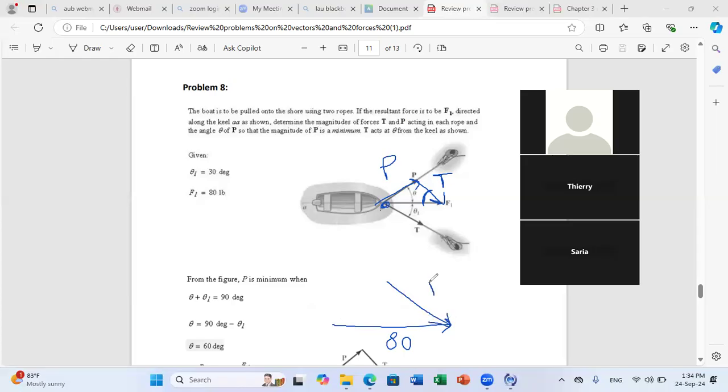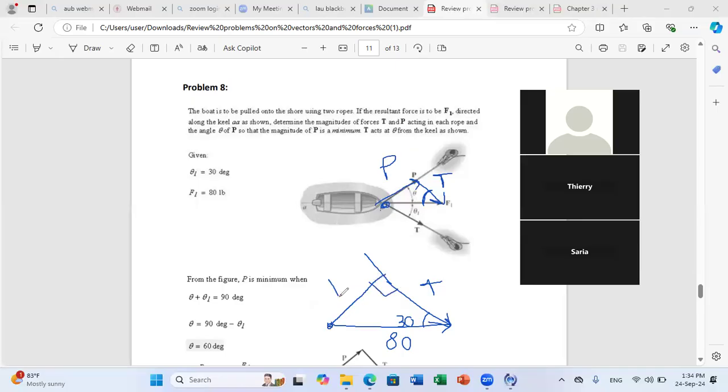And this angle here is 30, right? Which do you want to be minimum, P or T? P. So for P to be a minimum, the shortest distance from a point to a line is what? It's perpendicular. Right.